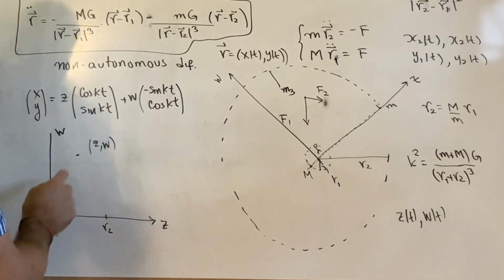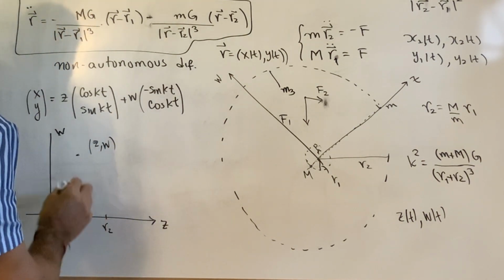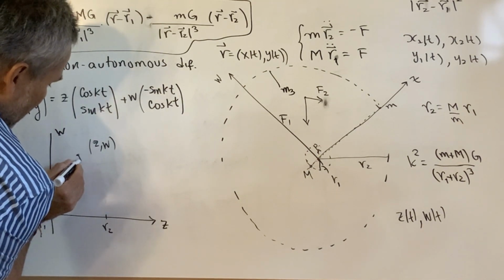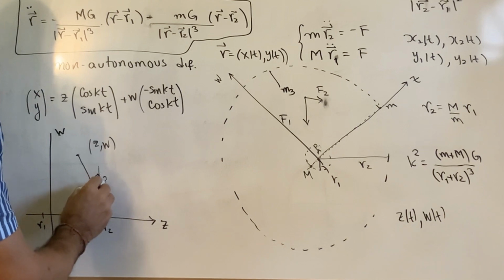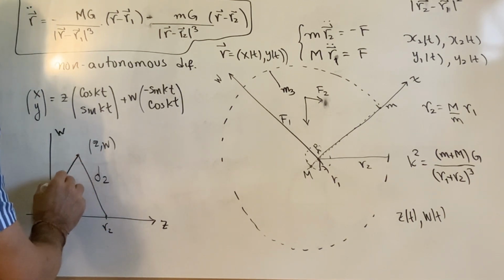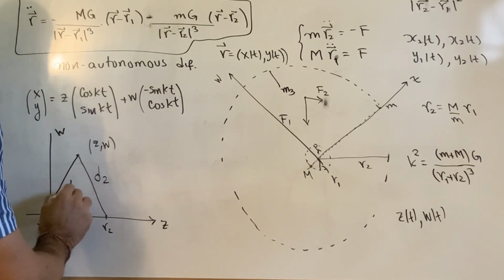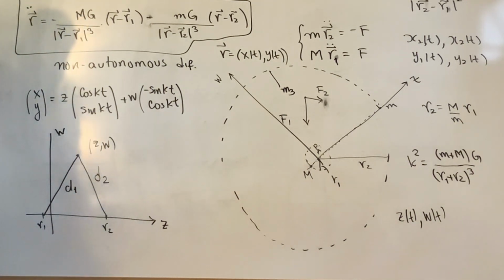For any C and W, I'm going to call this distance D2, and this distance D1.